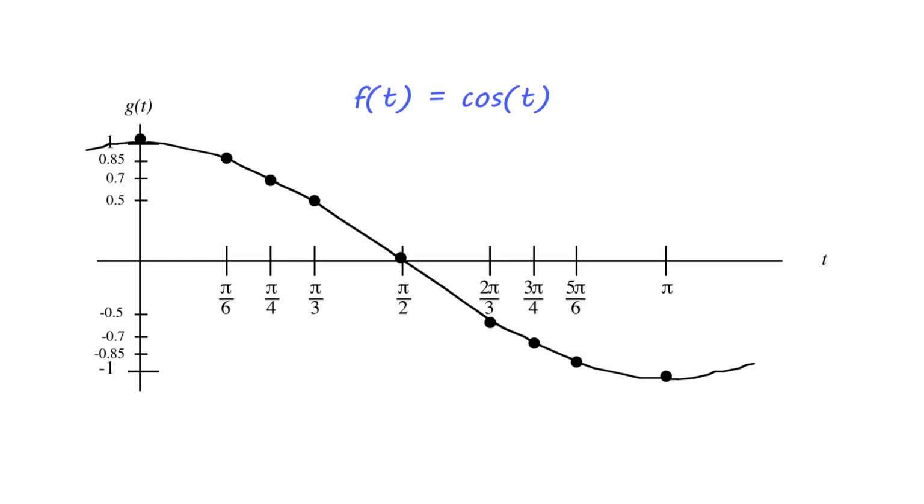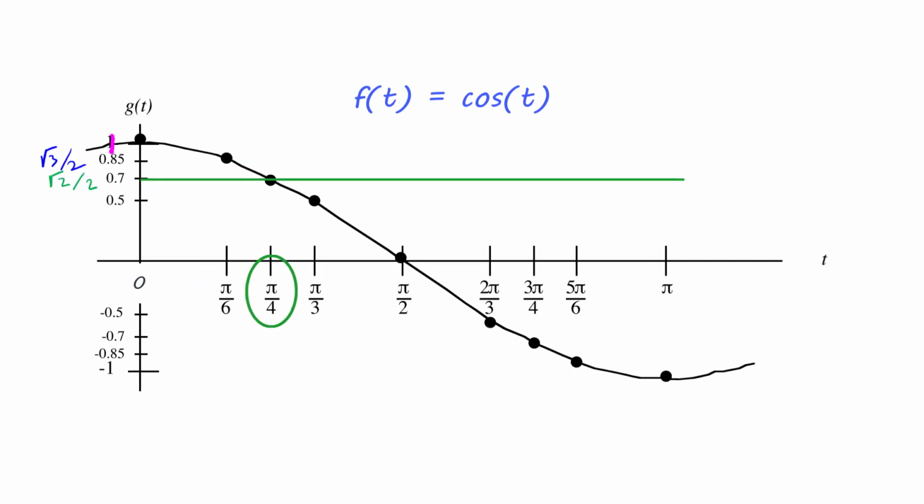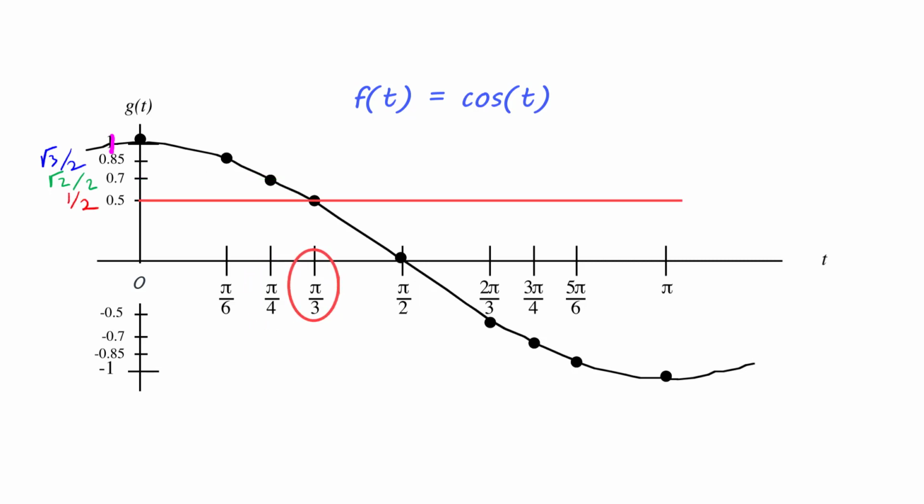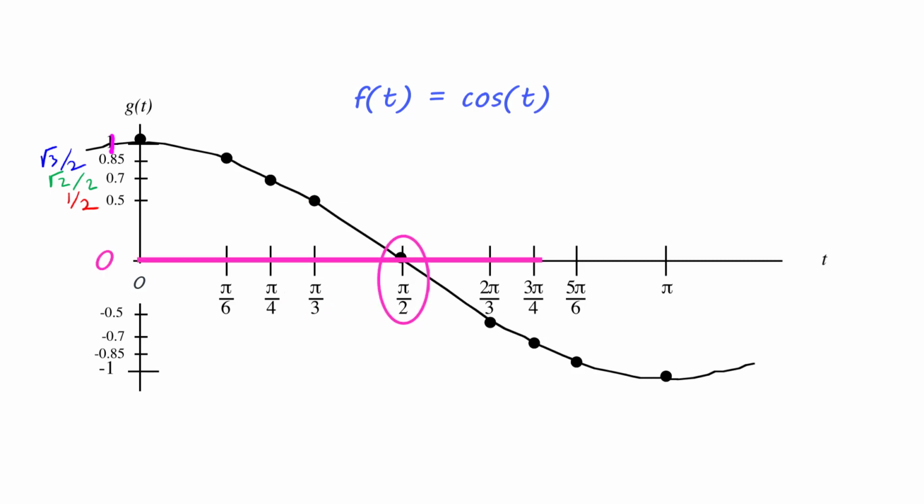And here we see the cosine function, which starts off at 1 at 0, and then at pi over 6 is square root of 3 over 2, again about 0.85. And at pi over 4, it is square root of 2 over 2. And we can see how the cosine values are working their way down to be 0 at the 90 degree mark, pi over 2.